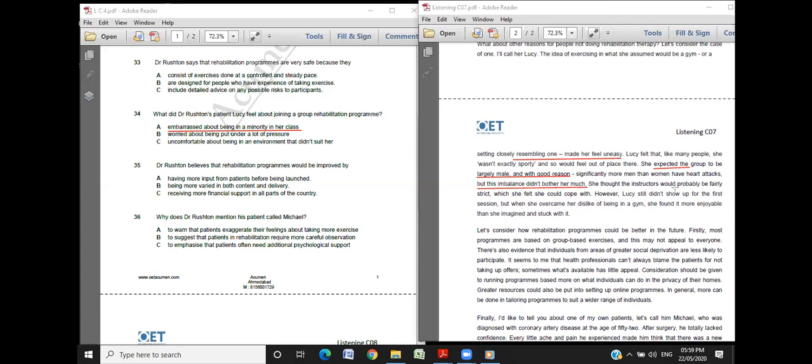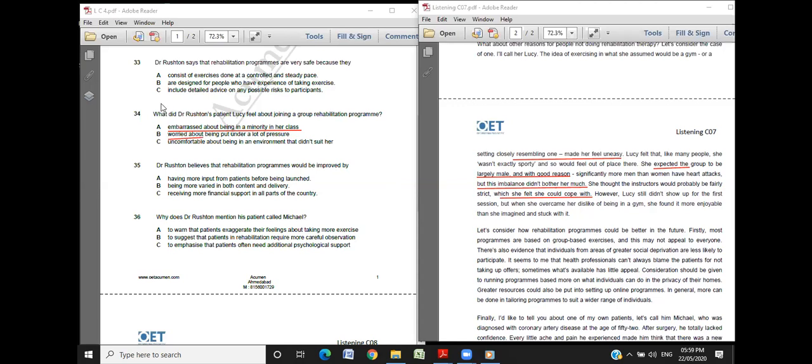Then she thought instructors would probably be fairly strict, which she felt she could cope with. So she was also not worried about the stress. She thought that the instructors would be strict, but she wasn't put off because of that reason. She felt she could cope with it, right? So this worried option is also ruled out.